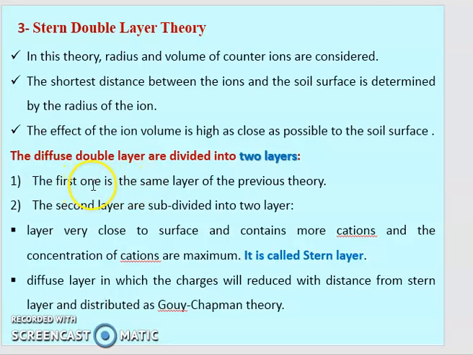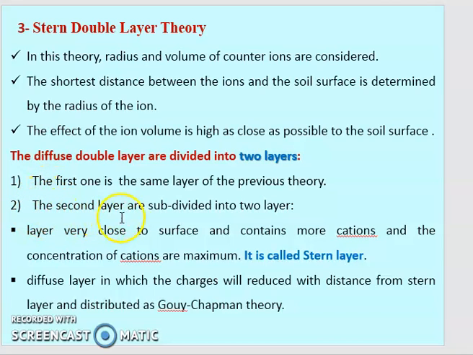This is the first layer, as I told you, the same layer as in Helmholtz and Gouy-Chapman theory. All theories said that the first layer is a negative charge on the solid. No doubt on this, and no difference between the theories for the first layer. All problems are on the second layer.